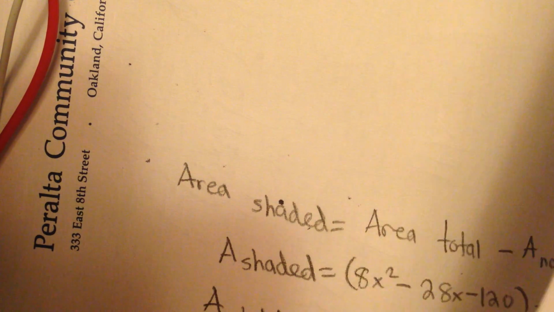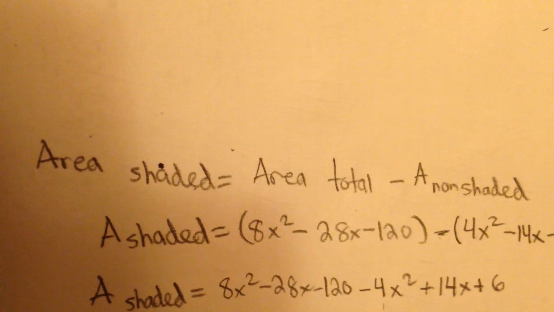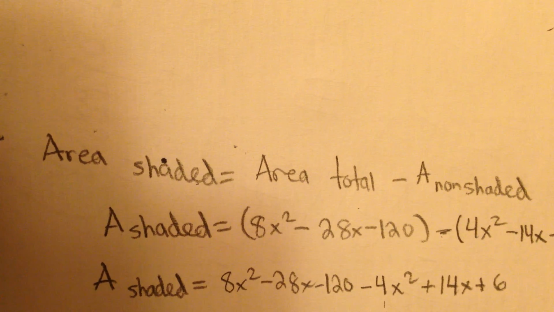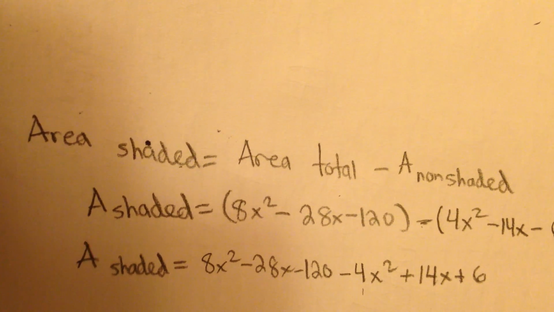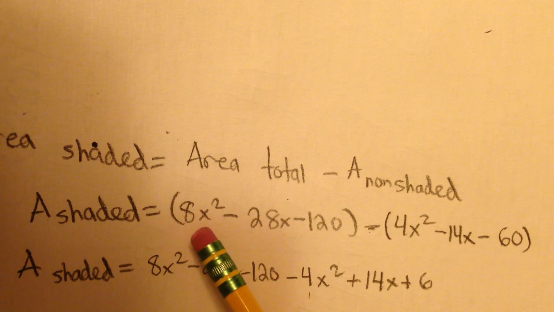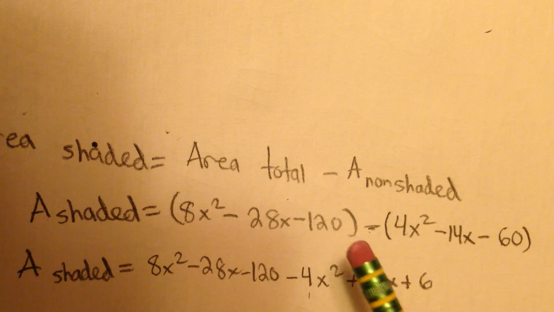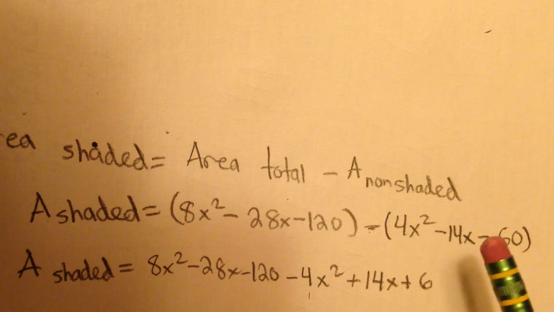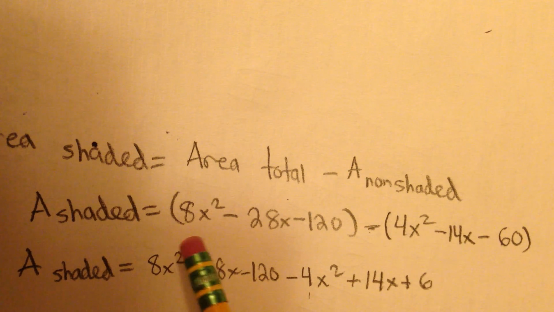So let us recall that the area of the shaded region will be equal to the area total minus the area of the non-shaded region. We can just input our values into this equation. The area of the shaded region is equal to 8x squared minus 28x minus 120, and we are subtracting from that this entire value, 4x squared minus 14x minus 60. Remember to put parentheses when you're substituting any value.